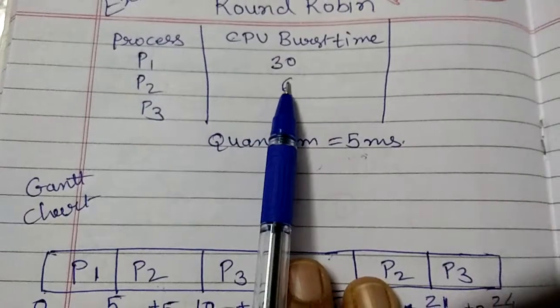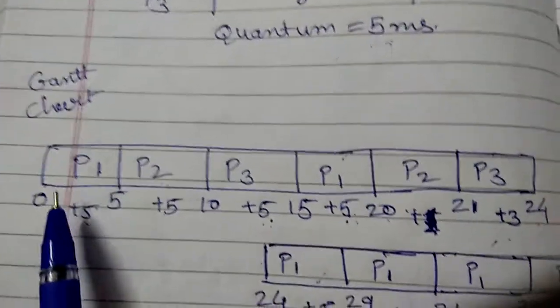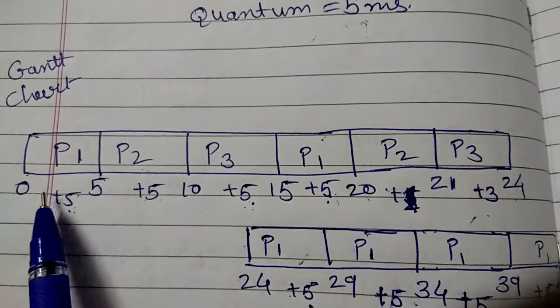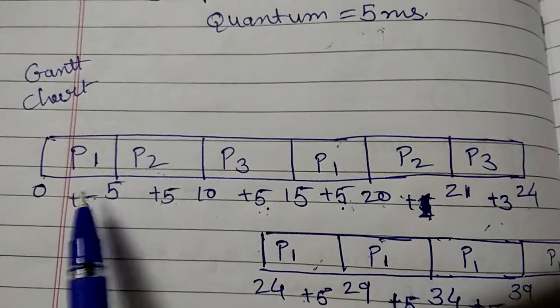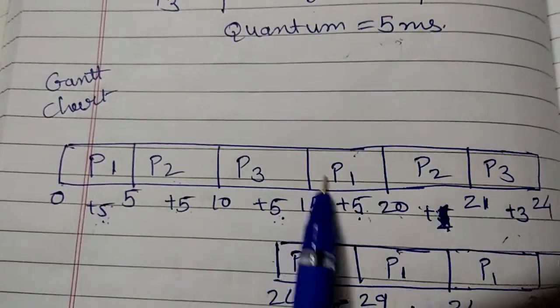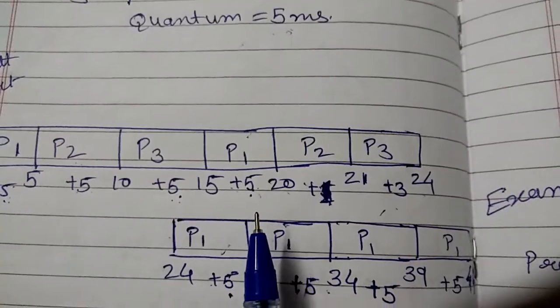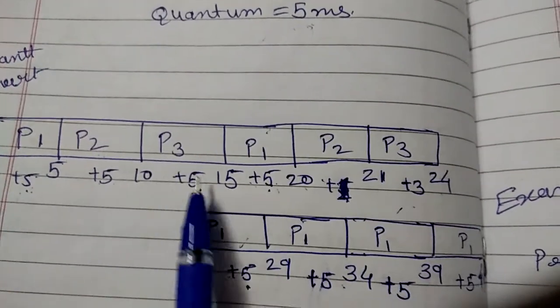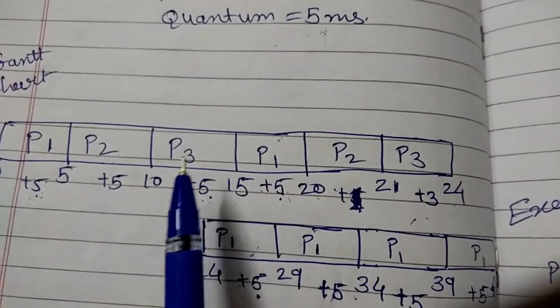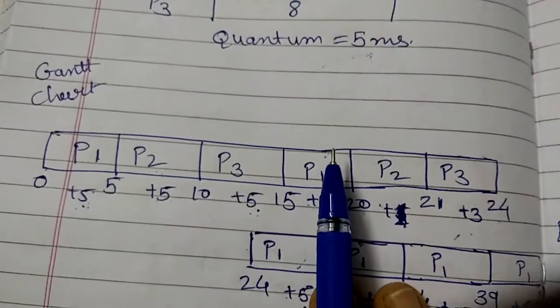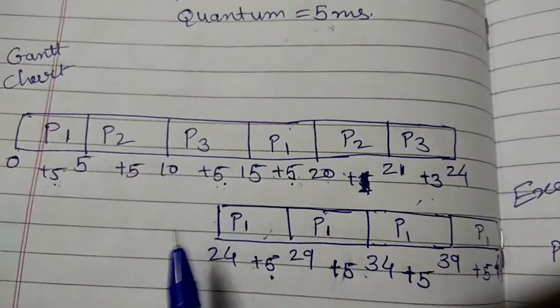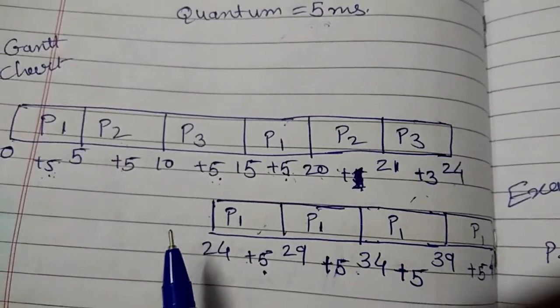Now let us see how many seconds have been utilized by P1: 5 plus 5, that is 10. So 10 seconds have been utilized by P1 out of 30, and 20 more seconds are required by P1.